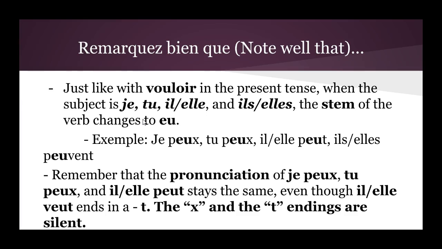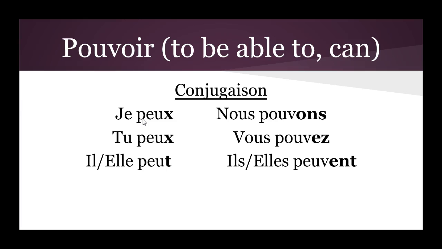Okay? Alors, les exemples, je peux, tu peux, il, elle peut, ils, elles peuvent, right? However, notez bien, nous pouvons, vous pouvez. Note there that the stem of the verb remains OU, right? You see the stem of the verb here.